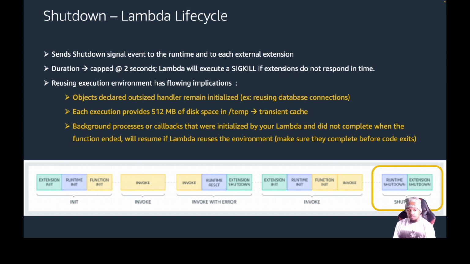And the next thing is that background processes or callbacks that were initialized by your Lambda and did not complete will resume if Lambda reuses that environment. This is something that we proved earlier. In the example demo, you saw a request ID with a certain prefix, and you saw that there was a promise that was resolved that didn't show up in the console logs. However, when we re-executed that same function seconds later, we proved that it wasn't a cold start because the variable was now false.